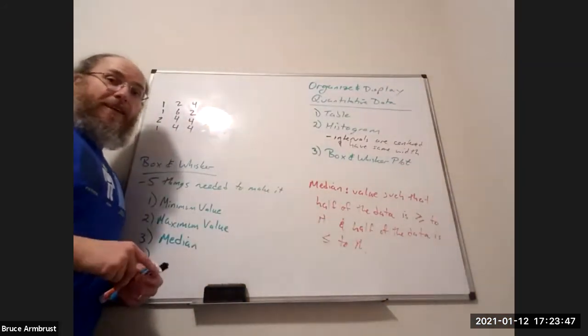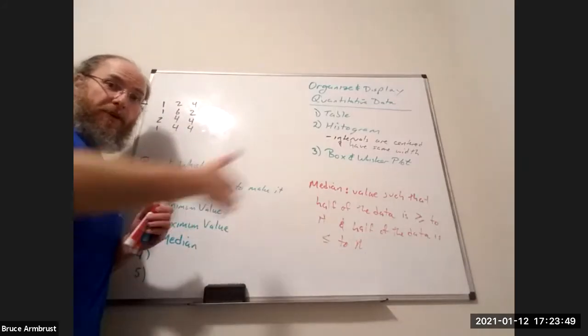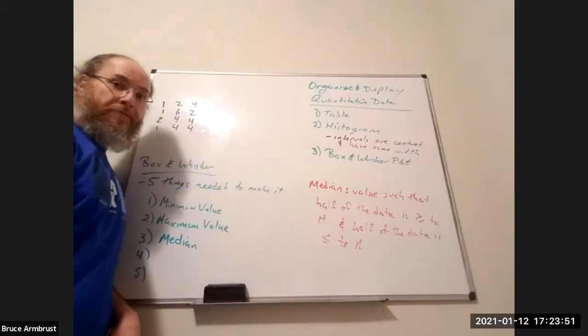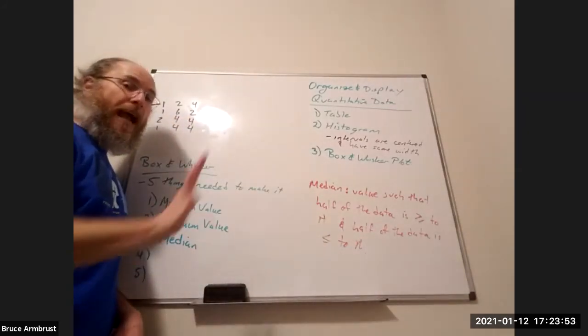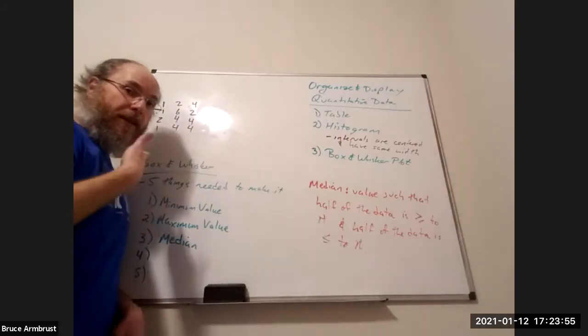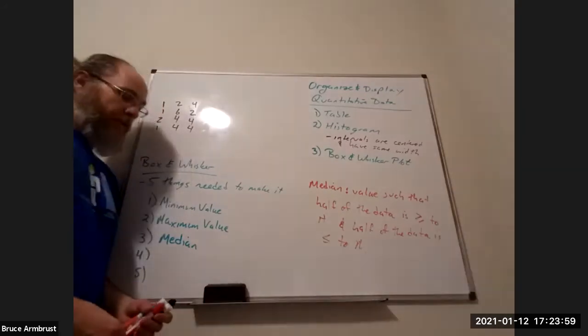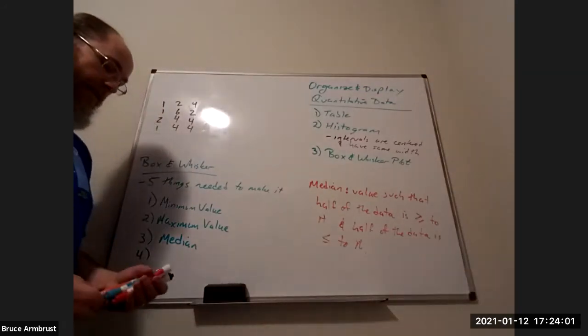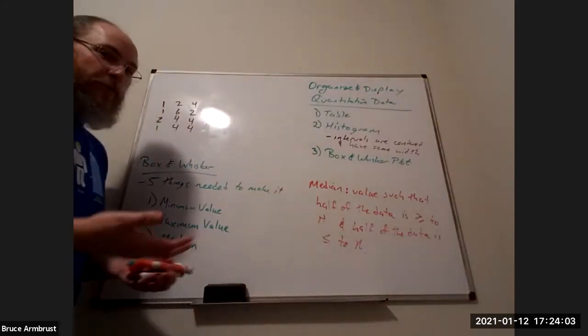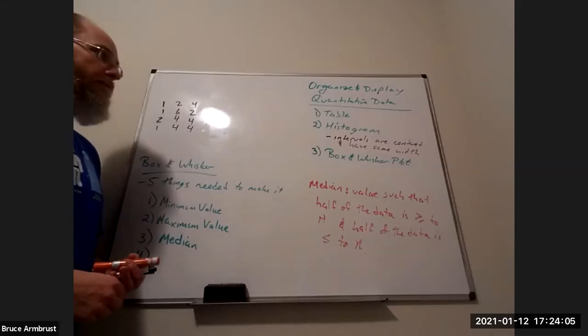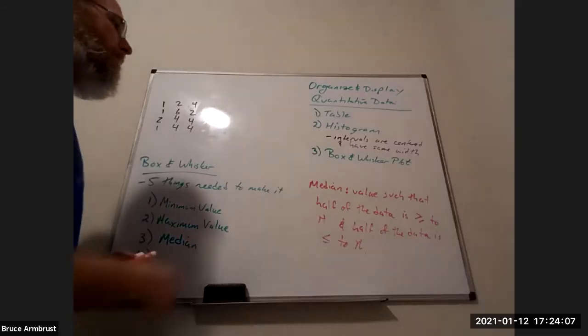So basically, it's the number that splits our data into two, where half of the data is bigger than it and half the data is less than it. It's the middle point in our list.